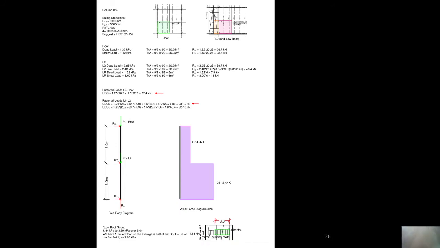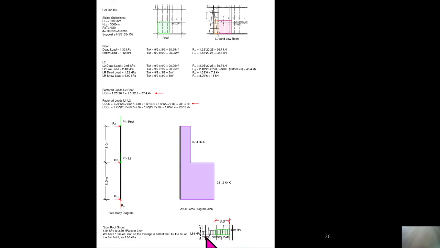So I'll go back and fix that. I'll write a little note for myself on the low roof. I want something that says 1.5 meters. So we're really just concerned about what the snow load is from here to here, and we actually want the average of that snow load.